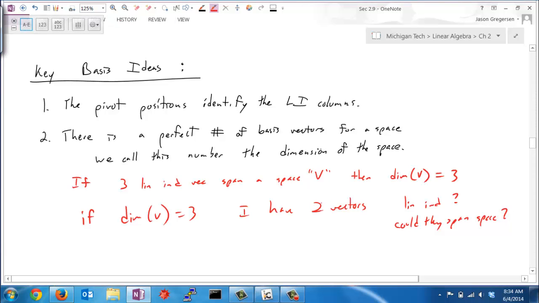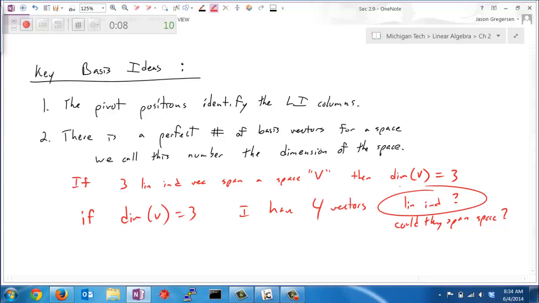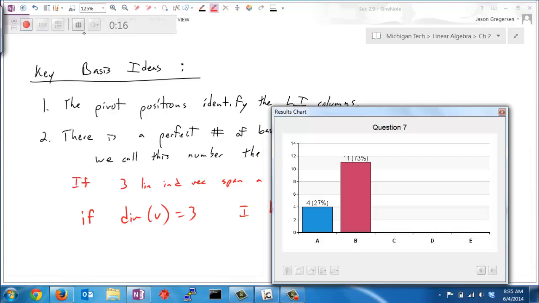If I have 4 vectors, could they be linearly independent in this 3-dimensional space? No, they can't be linearly independent.